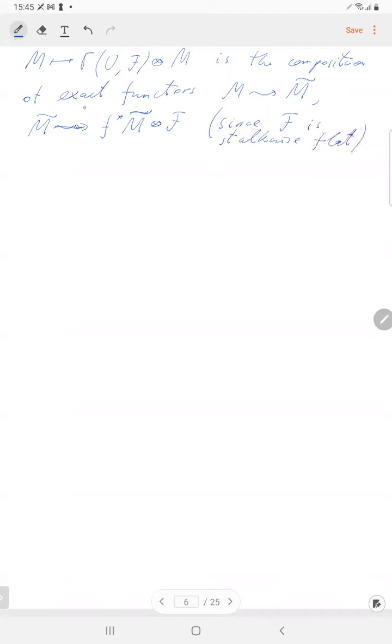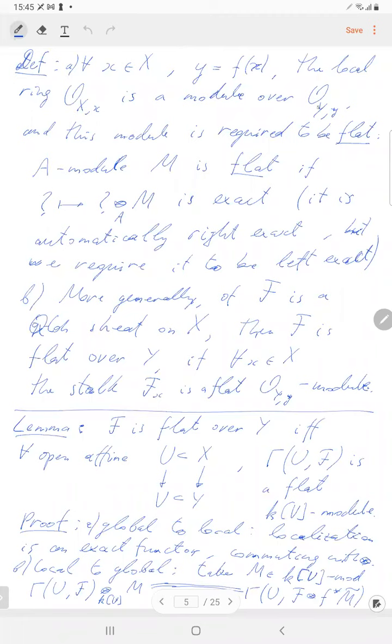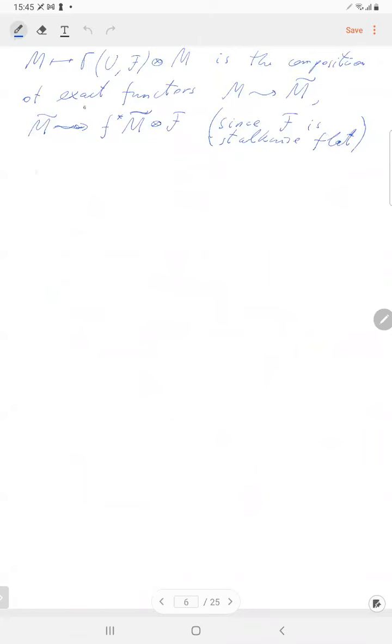You only need to check the exactness on stalks, and you know that at the level of stalks it works. And then maybe again global sections. What did we use there? Global sections of this, right? Whatever goes to global sections of U here, and it's exact since U is affine.